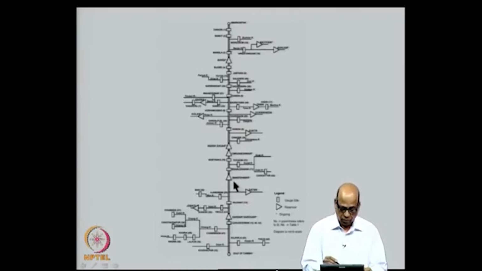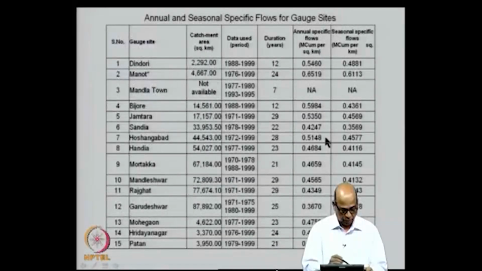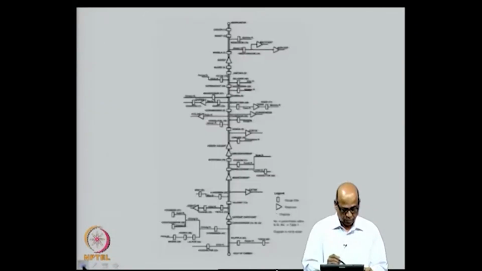Let us say for the Maheshwar reservoir, there is a gauge Mandleshwar. If I slightly zoom in or draw a zoomed picture here, this is Mandleshwar at this location, and then there is another gauge here.